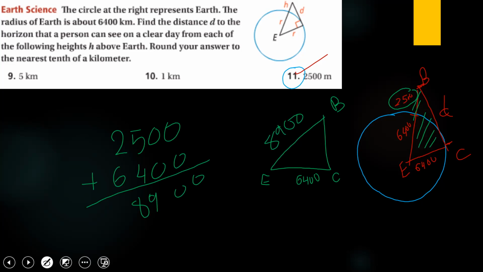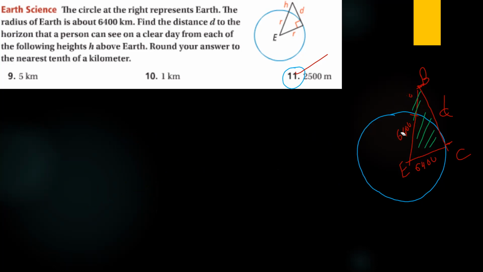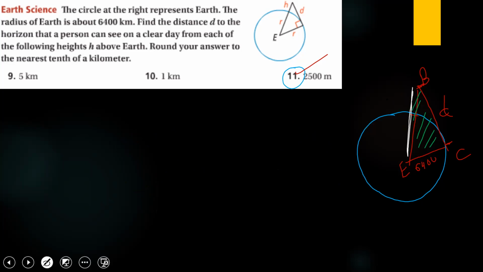Now what I need to find is BC. So here it is 8,900, here it is 6,400. I need to find d.